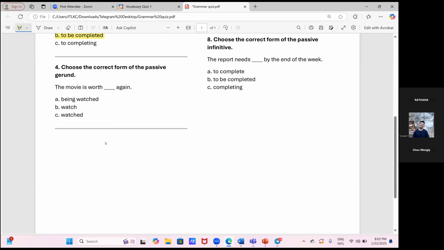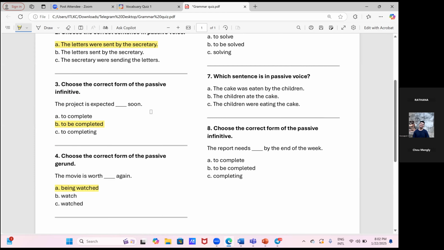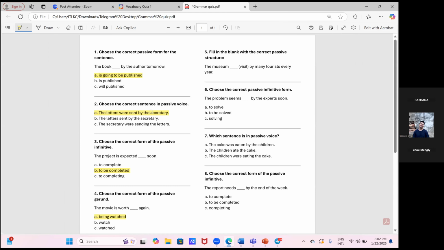For passive gerund, it means being. Letter A. We choose the correct passive structure. It means is visited. Is visited, yeah.